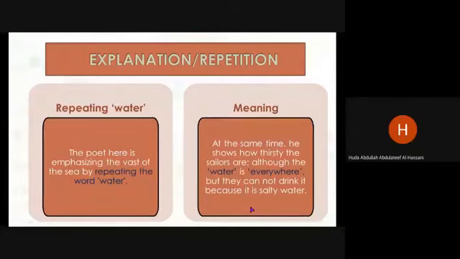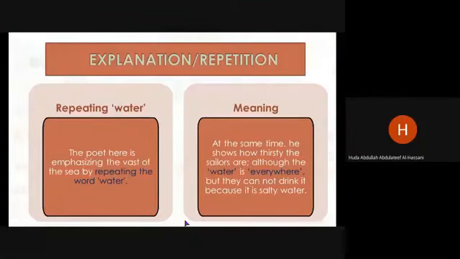So even if we have water everywhere around us in the sea, if we drink from it we will be thirsty. Why? Because it is salted and we can't drink salted water.